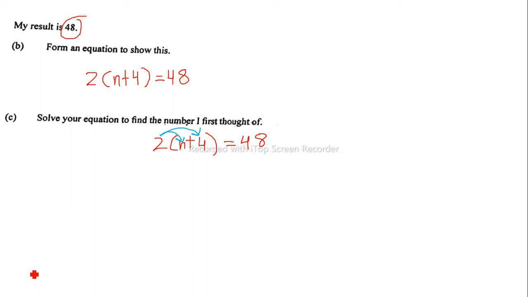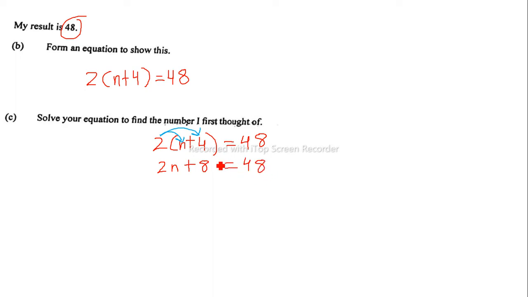And so we are left with 2 times n, which is 2n, and 2 times 4, which is 8. It's going to be equal to 48.